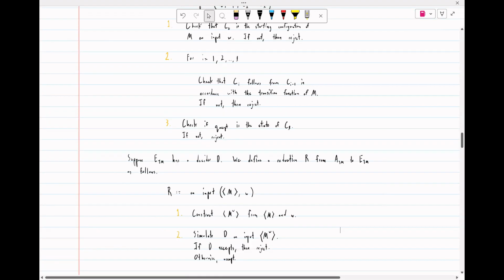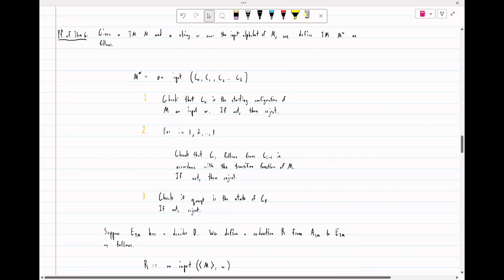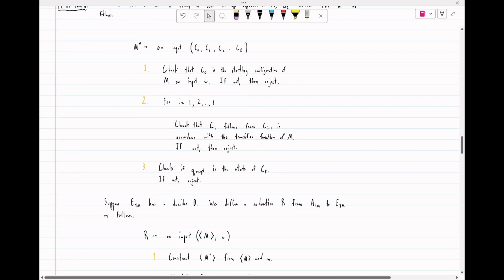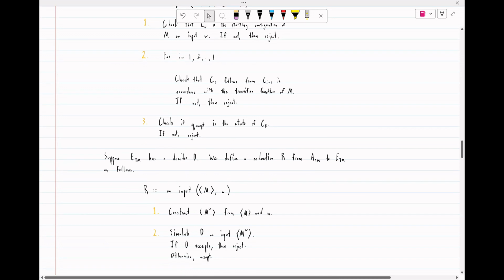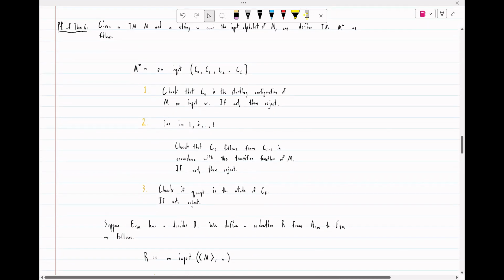Because we never explicitly construct an accepting computation of M on W. We've just constructed a Turing machine where if you give it a sequence of configurations, it will accept that sequence if and only if it is an accepting computation of M on W. Yeah, exactly, that's correct.